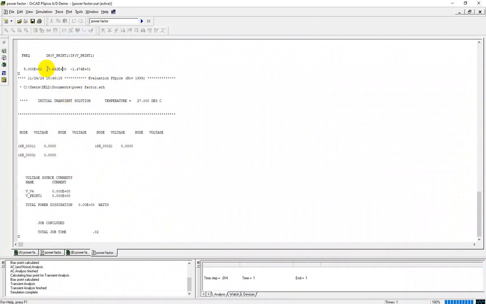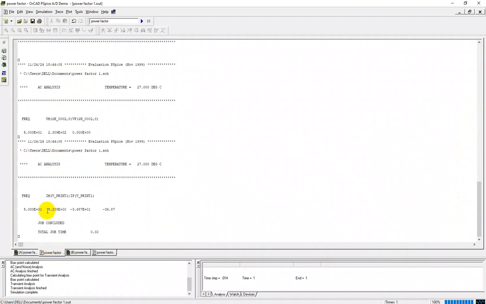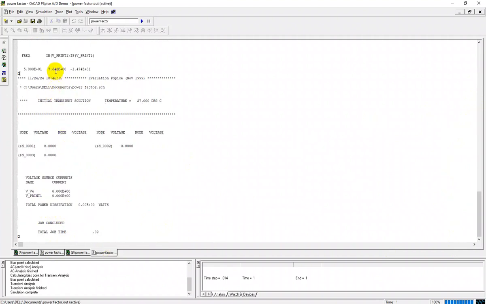This, you can see the magnitude of total current now has been reduced from 9 point, what is the value of current here? You can see the value of current from 9.238 it is reduced to 7.642, and the power factor, you can see the angle was from minus 36.8, it has reduced to minus 14.74, right?